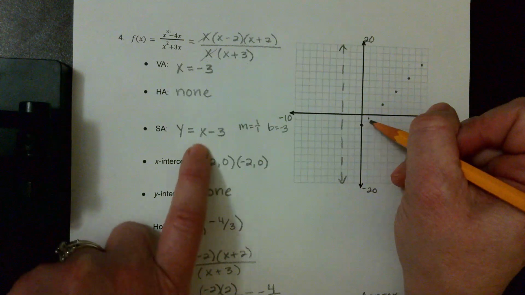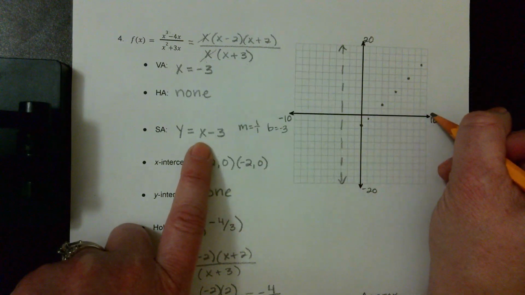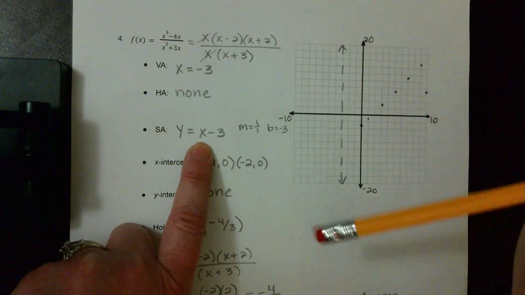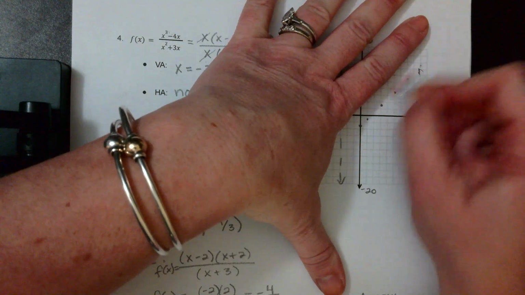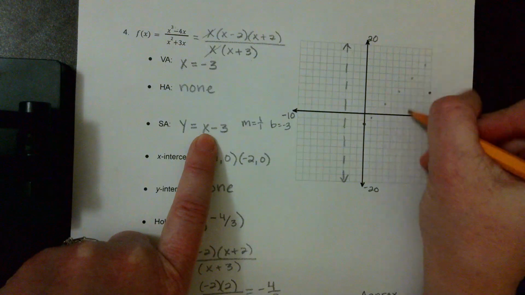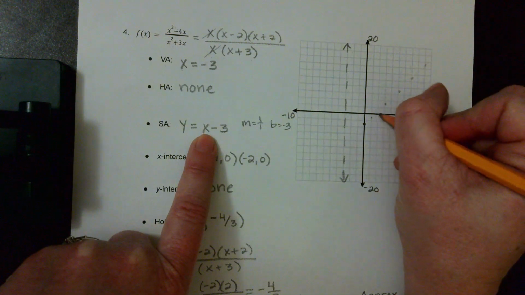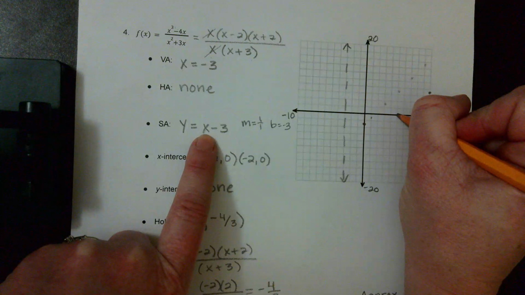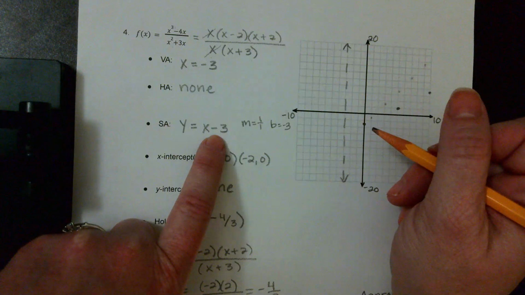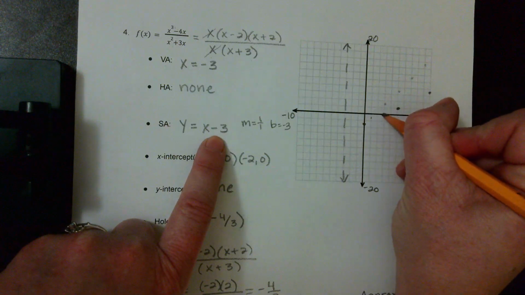I might need to think, when x is 10, y should be 7. Sorry, I did my scale wrong because my x and my y's are different. And when it is 5, then it would be 2. And when it's 3, it would be 0.